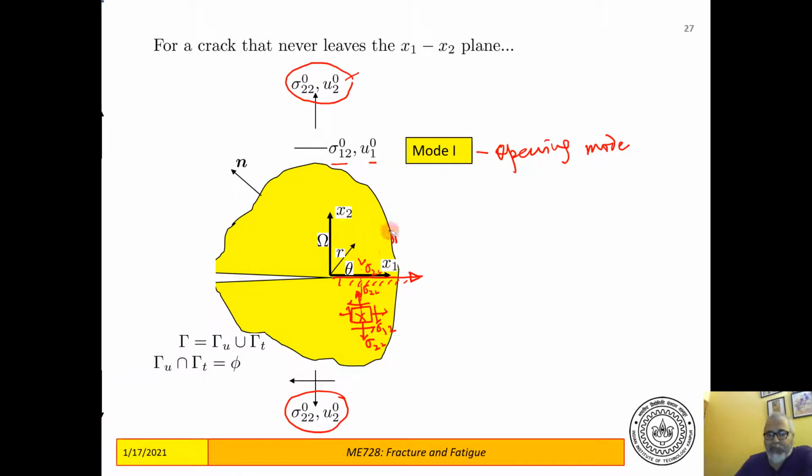perfect anti-symmetry. Perfect anti-symmetry means that if we consider this to be the symmetry plane, the normal stresses change sign at a mirror point, but the shear is in the same direction.